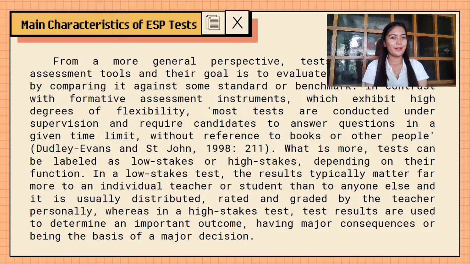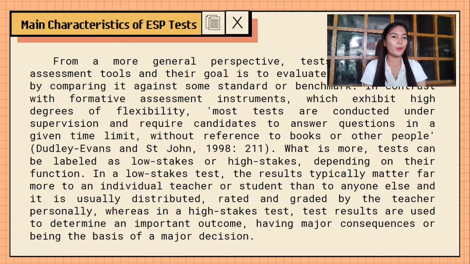Some examples of low-stakes tests are mastery learning quizzing systems, in which students are able to repeatedly take quizzes on specific topics until they master the material. While the high-stakes tests include college entrance examinations, high school or secondary school exit examinations, and professional licensing examinations.